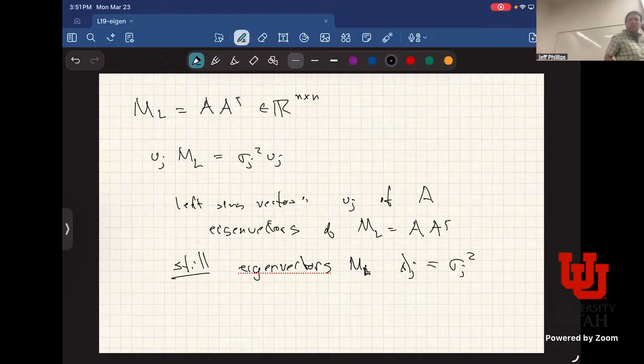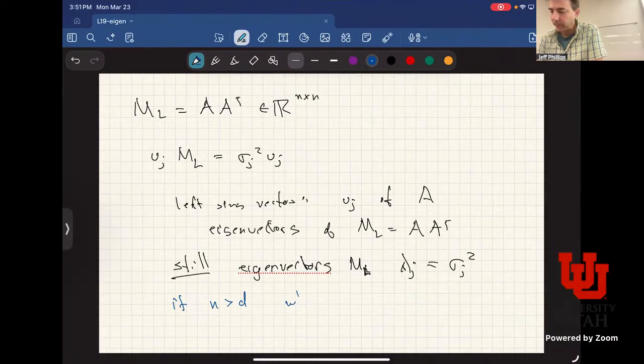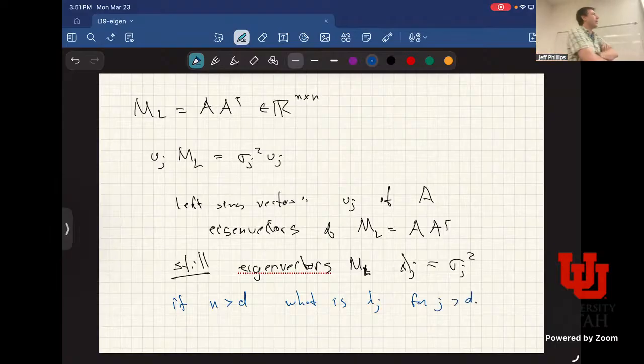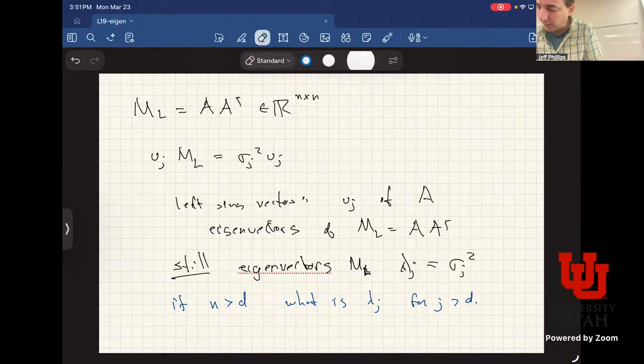Okay, but wait, what happens if n is greater than d? What is lambda j for j greater than d? Right, so now the eigenvectors, and I wrote eigenvectors, but it helpfully underlined it for me.